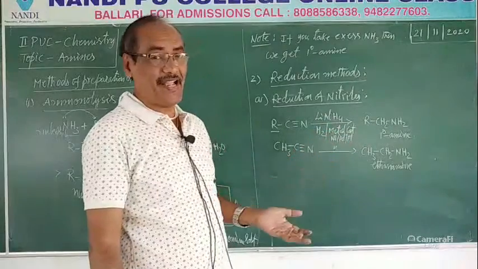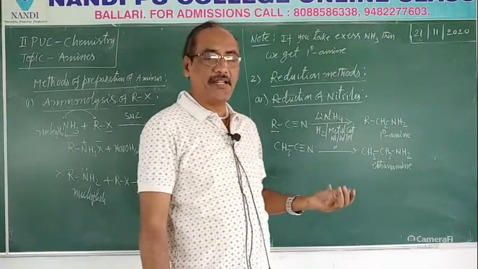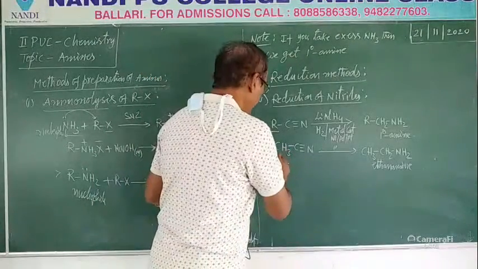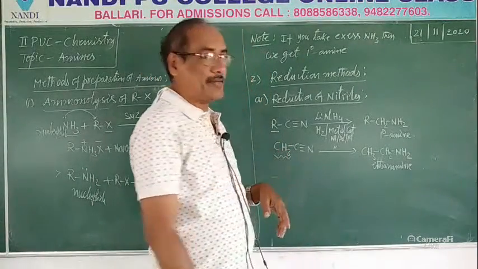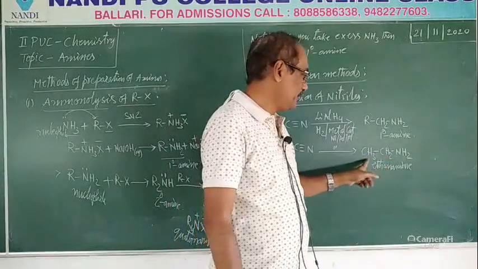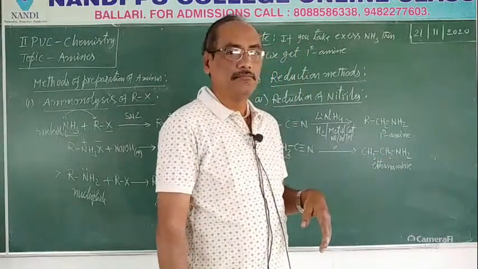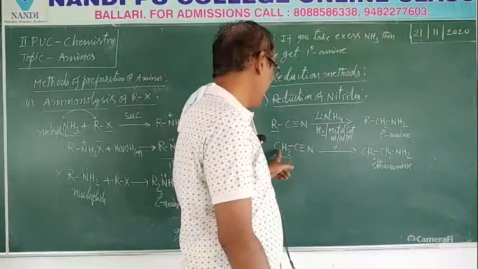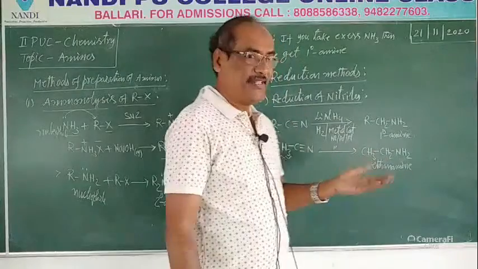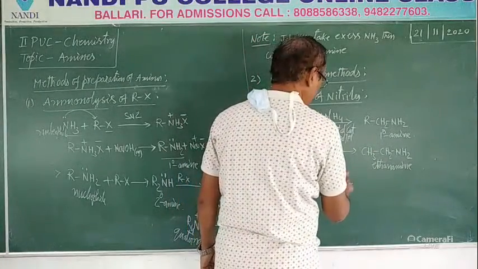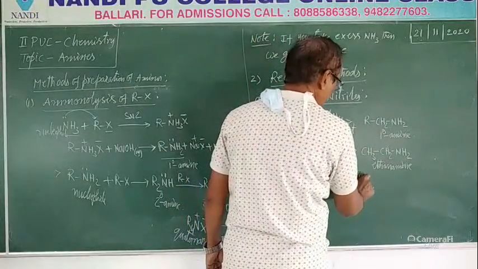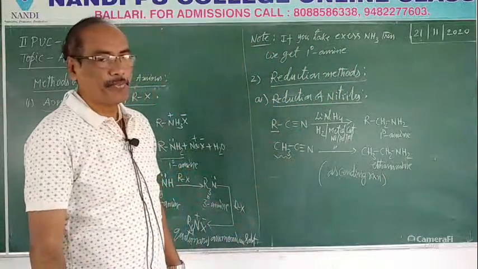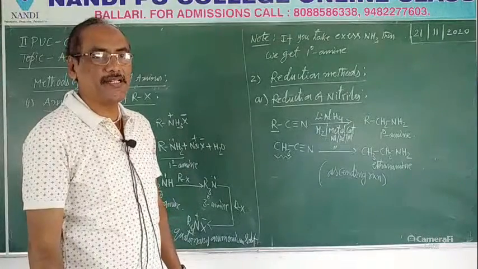This is called an ascending reaction, giving amines with more carbon atoms. I have taken a methyl group with one carbon, but the product has an alkyl group with two carbons. If I take ethyl, I get propyl. So it is an ascending reaction. Right children? This is one important reaction, conversion of nitriles to amines.